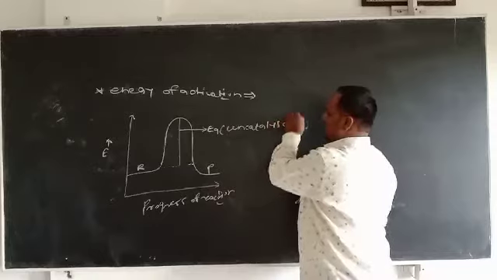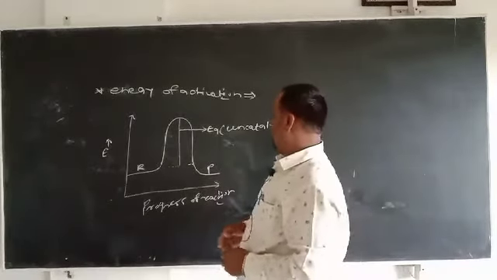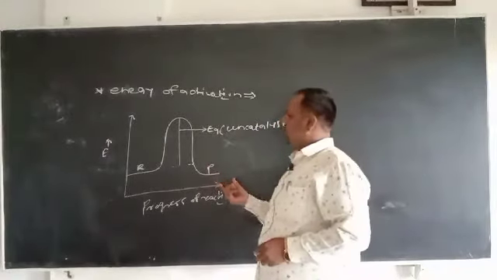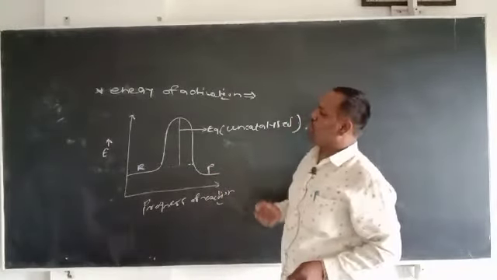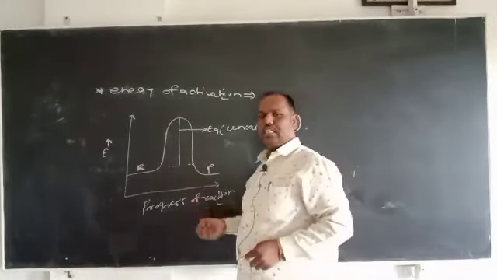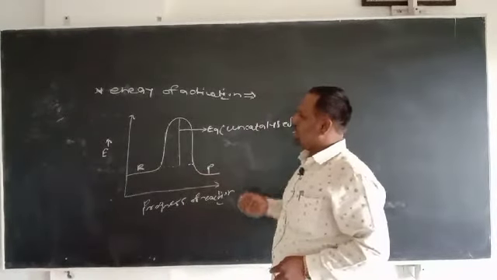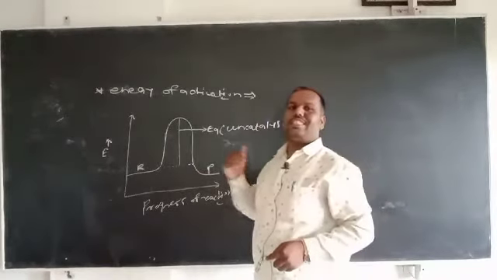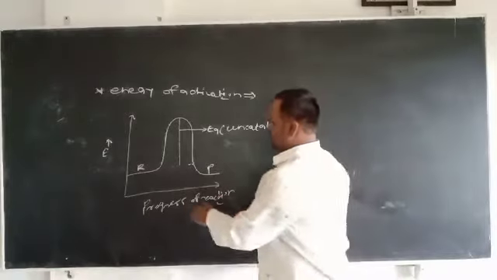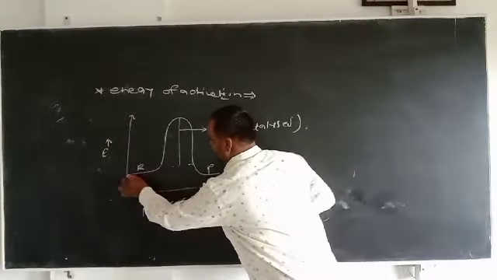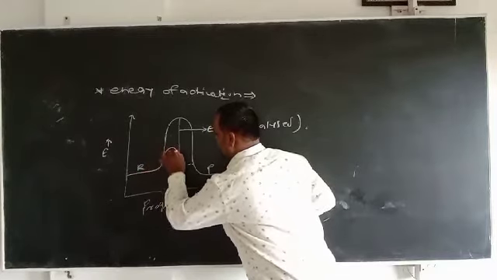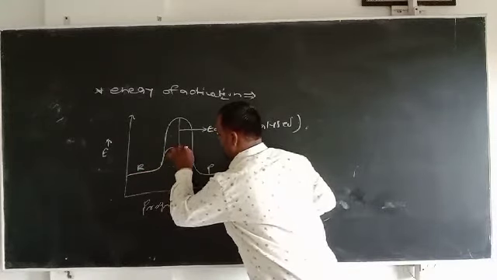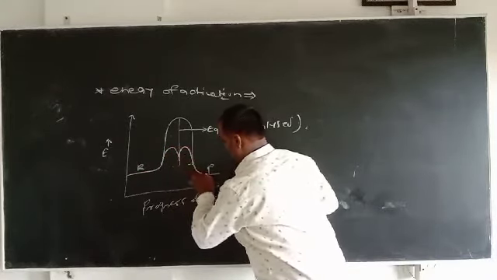So we require a large amount of activation energy to convert this reactant into the product, but in presence of a catalyst, the catalyst increases the rate of reaction by decreasing the energy of activation, therefore it provides a different path. So in this case, this reactant is converted into this product.